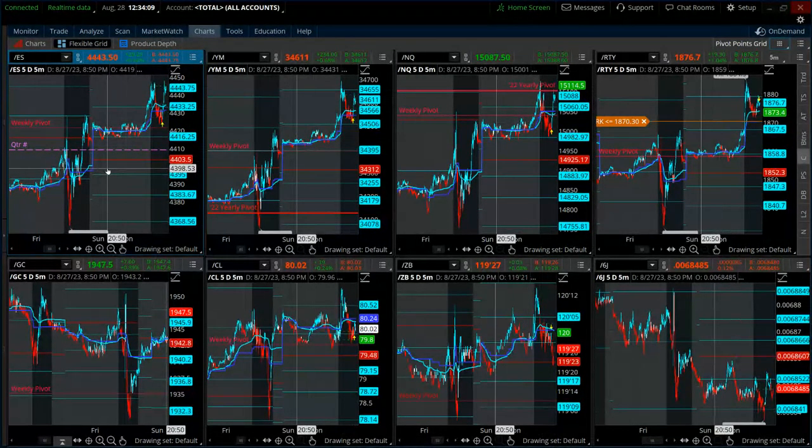Me, white. White is open. Yellow is initial balance. I just know this. I'm not encouraging you to necessarily subscribe to my color scheme. I don't care what your charts look like. I would just say make it easy on yourself. If you use something that's consistent, then it makes sense and you can resonate with it immediately. You see red and you don't wonder what that is. That's pivot. I think that helps.